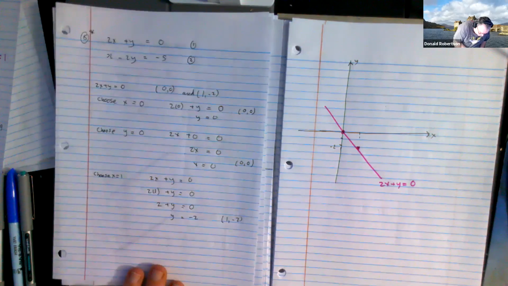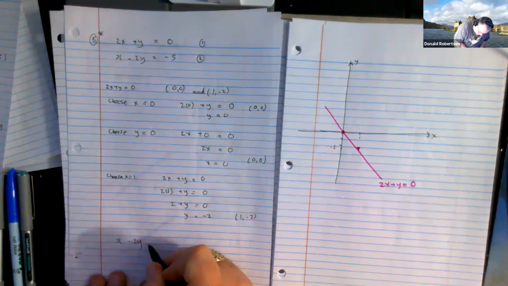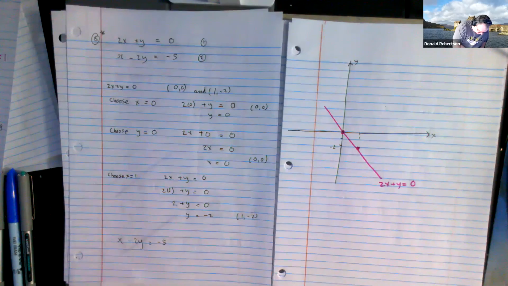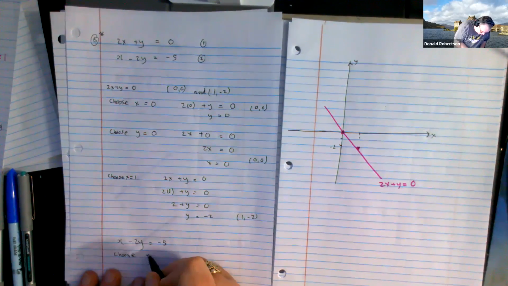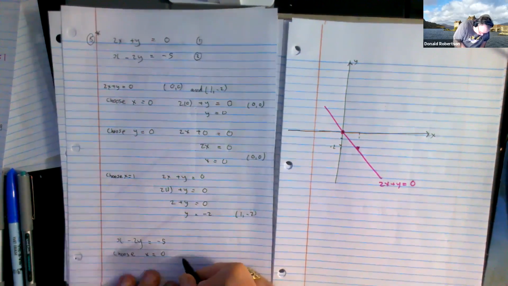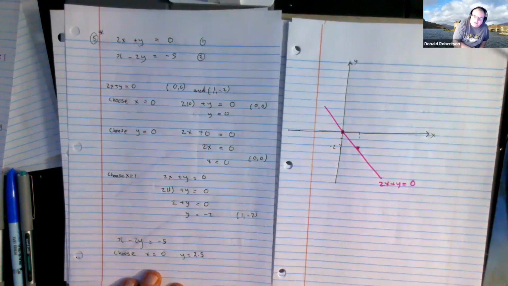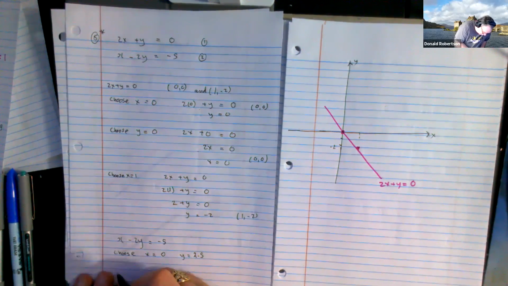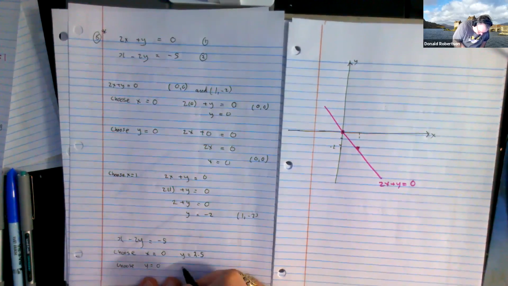Okay, now I need to do the second guy, and the second guy is x take away 2y equals -5. I'm cutting some corners here, but if I choose x equals 0, can you trust me that y ends up being 2.5? You can do that yourself later. And then I'm going to choose y equals 0, and that's going to get me x is -5.